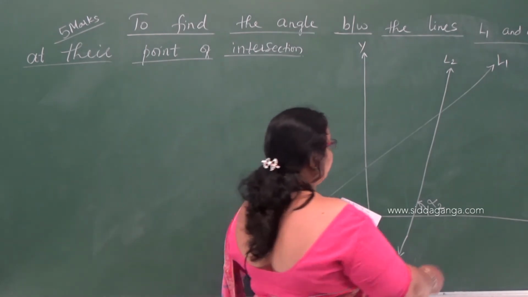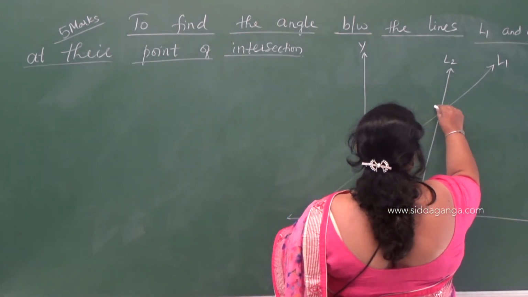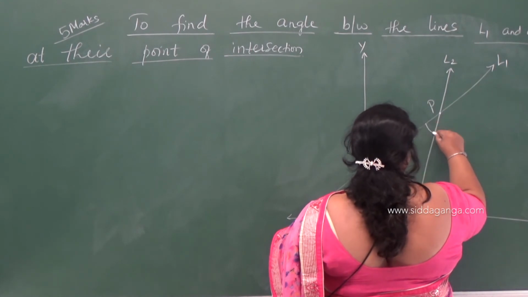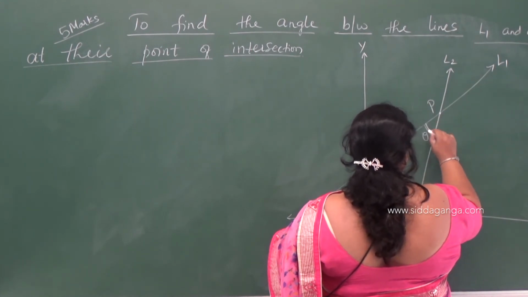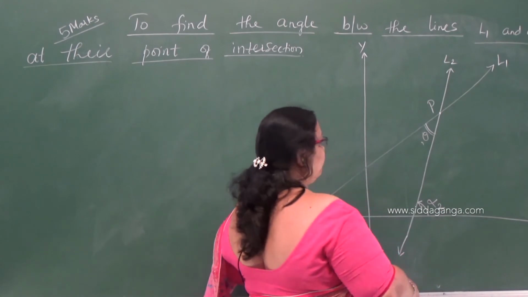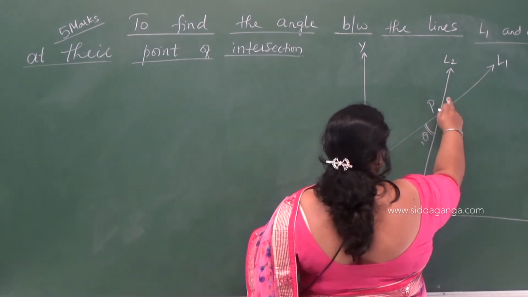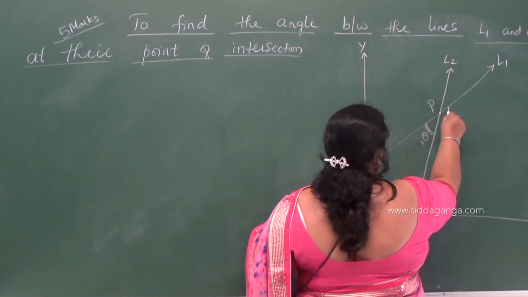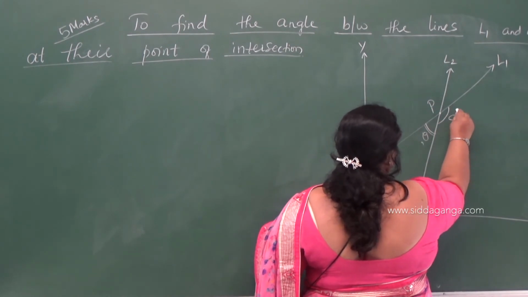Now this is the point of intersection here. So now you take this angle as theta. So ಈ angle ಅನ್ನೇ ನಾವು ಕಂಡುಹಿಡ್ಕೋಬೇಕು. ಇದರ opposite ಇದು ಕೂಡ ನನಗೆ theta ಇರುತ್ತೆ. Now this angle you take it as phi.